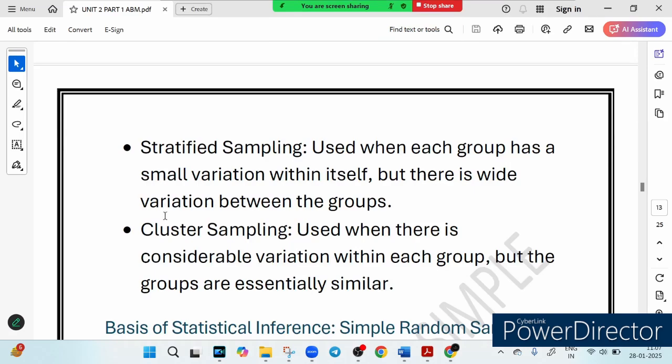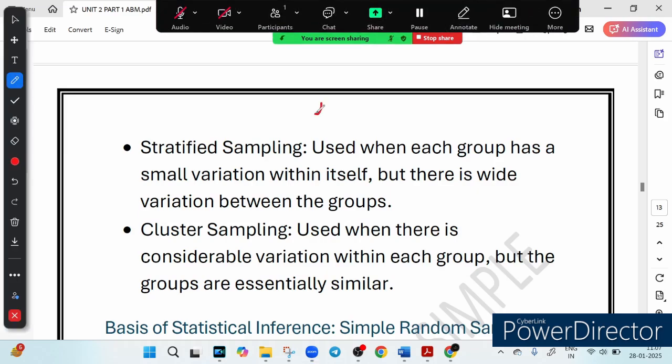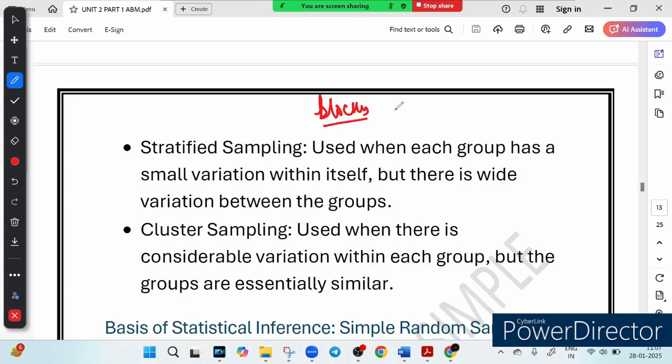Try to understand it like picking random blocks in a neighborhood, where each block might have different people inside. That is an example of cluster sampling.